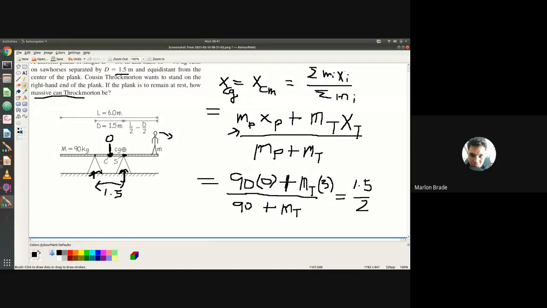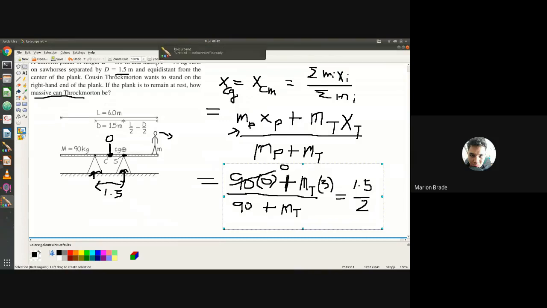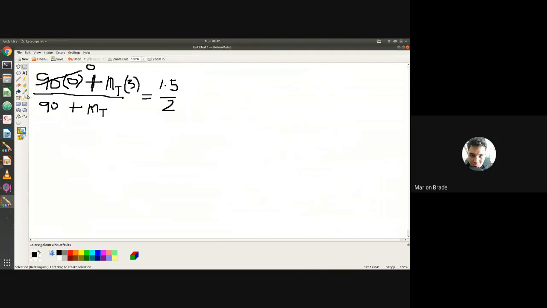Okay, so masolve na to. This is 0. And we can solve this one actually. Dali ra kani siya sulbon. This is not tricky at all. So naa tay 90 plus M_T is equal siya sa 1.5 times 6 M_T.